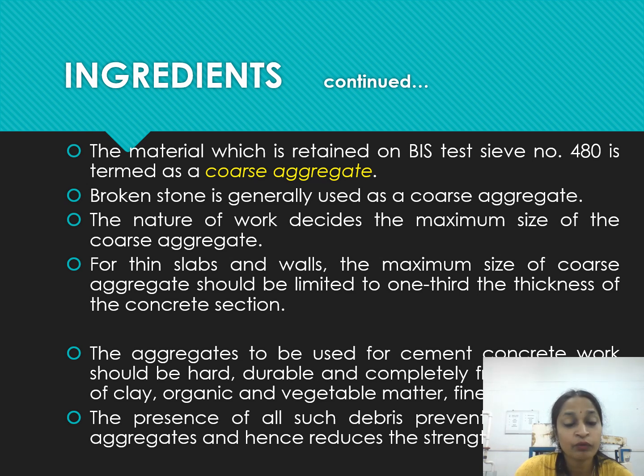One more important rule is that for thin slabs or walls which we cast, the maximum size of the coarse aggregate should be limited to one third the thickness of the concrete section. Likewise, there are some rules we use to do the sieve analysis, do the gradation, and then we use the fine and coarse aggregate depending on the depth and thickness of the member we are going to cast.